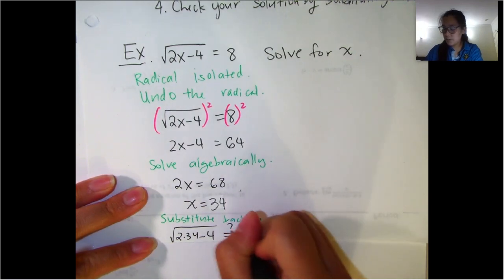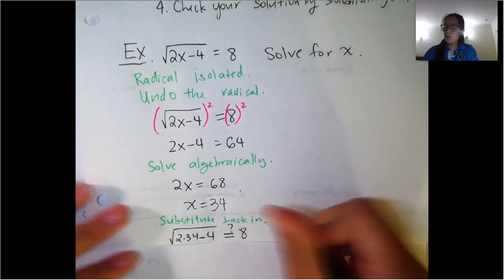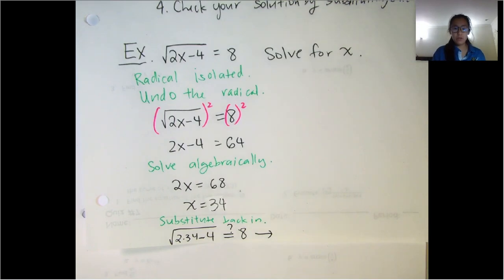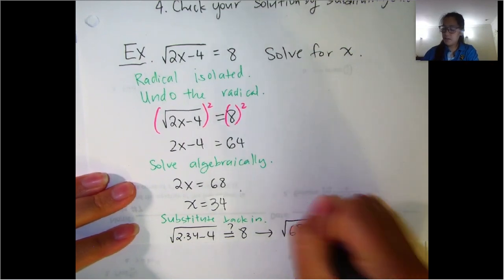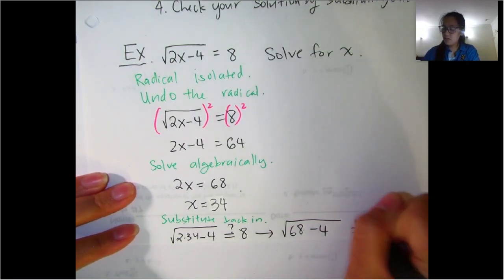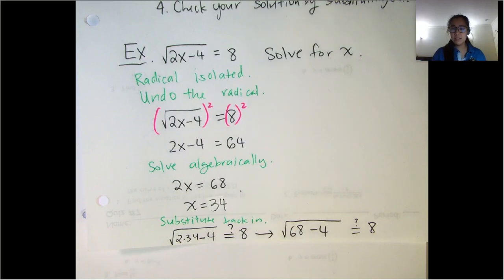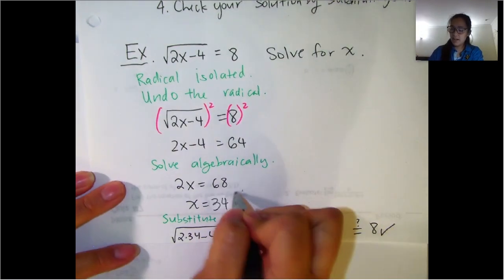Does that equal 8? Well, 2 times 34 is 68, so the square root of 68 minus 4. Does the square root of 64 equal 8? It sure does. So the check works, and x equals 34.